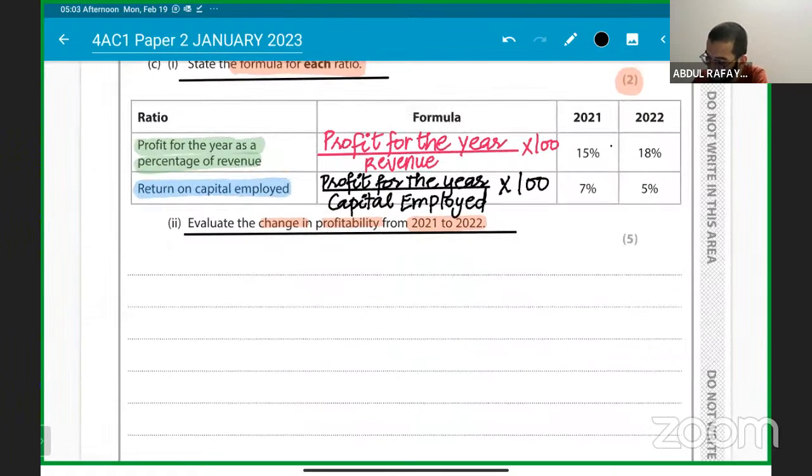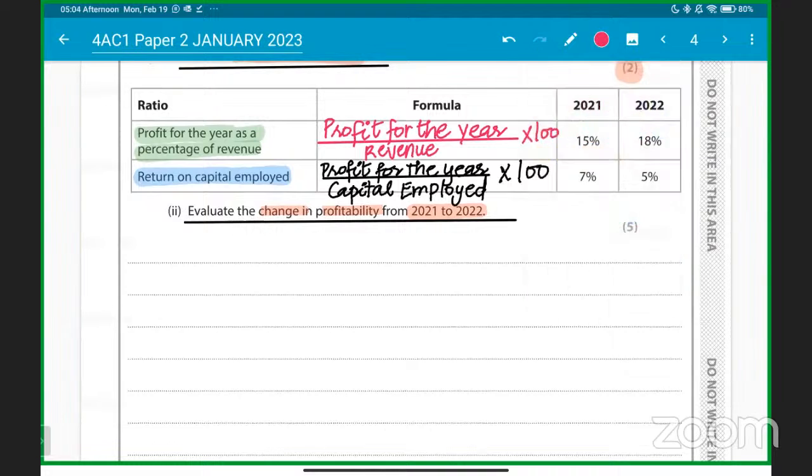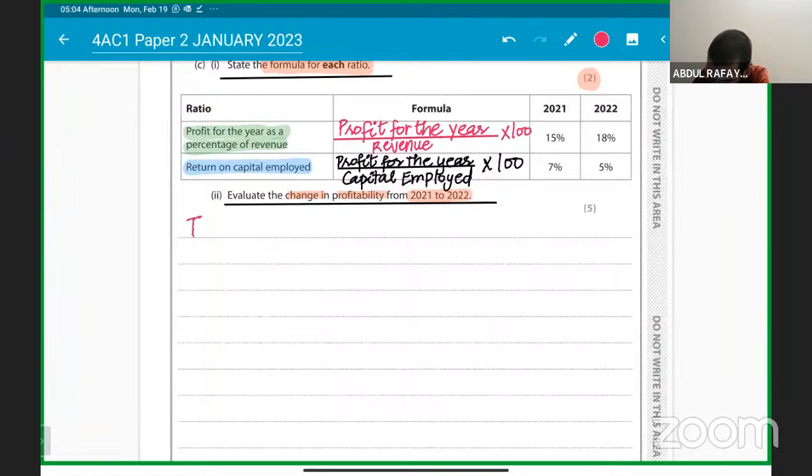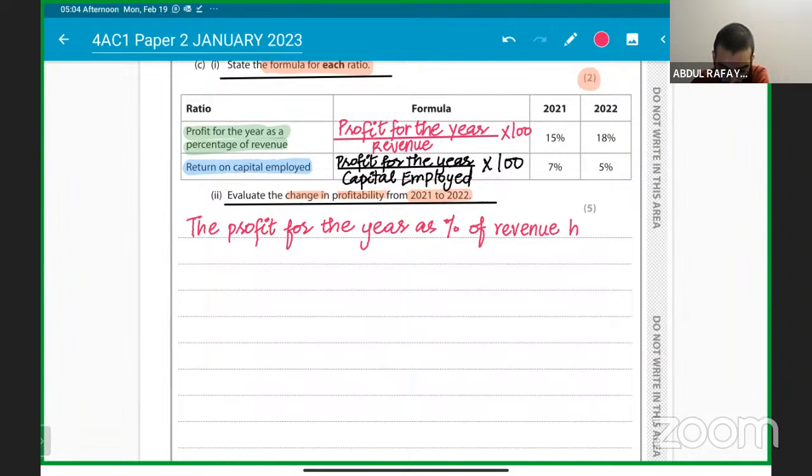What we can see is that from 2021, it was 15% to 2022, 18%. So the profit for the year as a percentage of revenue grows, but return on capital employed from 7% to 5% has gone down. So that is what you have to write here: the profit for the year as a percentage of revenue has improved from 15% to 18%.